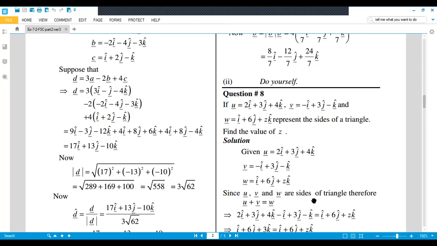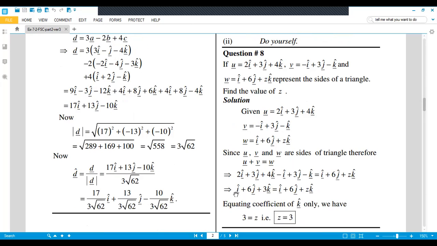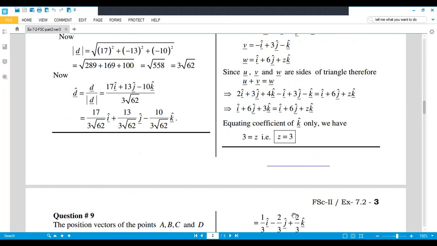So we add u plus v: 2i will be added to minus i, 3j will be added to plus 3j, and plus 4k will be added to minus k, which is equal to wi plus 6j plus zk. So here i is equal to i, 6j is equal to 6j, and 3k is equal to zk. So the value of z is 3. This is the required answer.